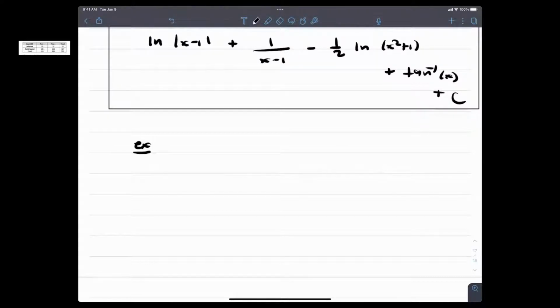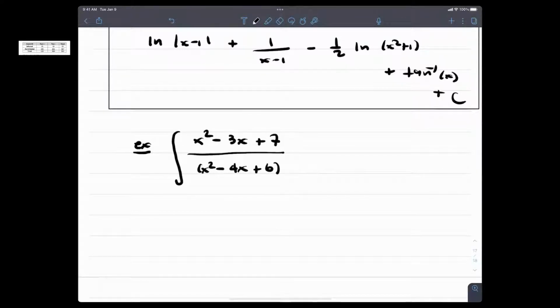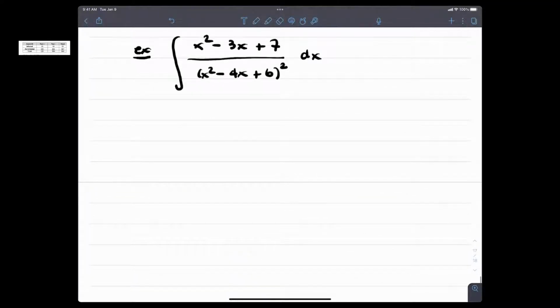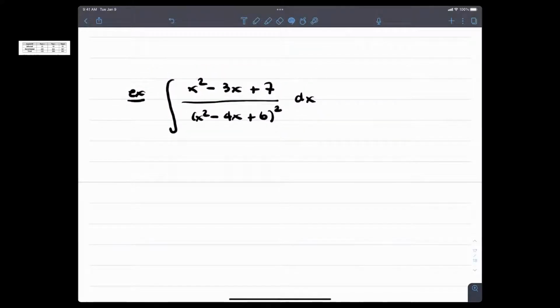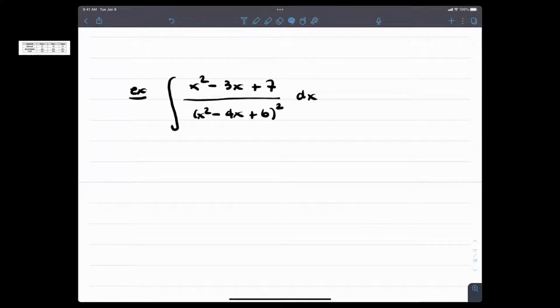I'm going to see if you guys can read through what I'm talking about here. I'm going to give you this one here: x squared minus 3x plus 7, everything over... What would you call this one?